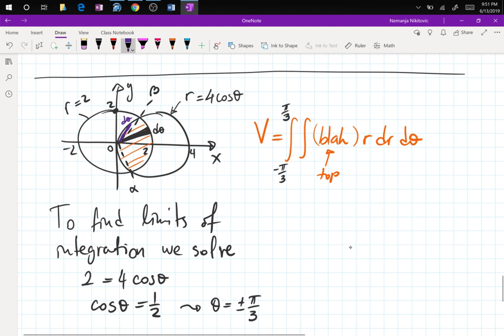The pizza slice is sliding on a different function, right? So this part over here is r equals 2. The small parts on each of the edges are the 4 cosine theta.